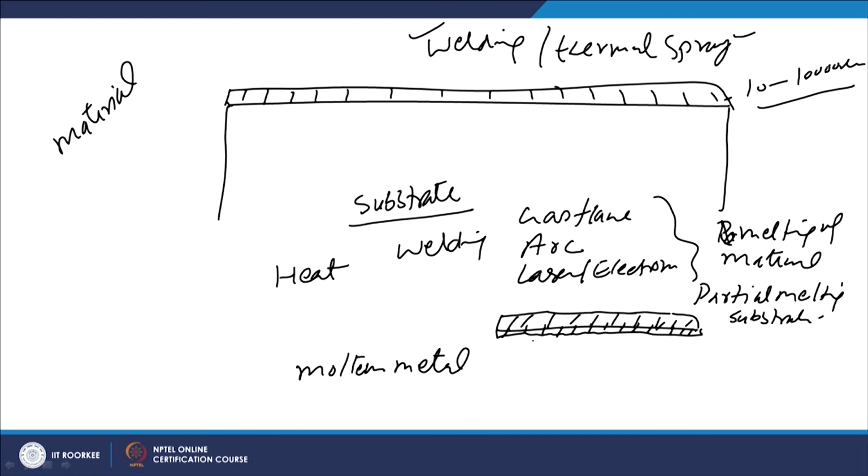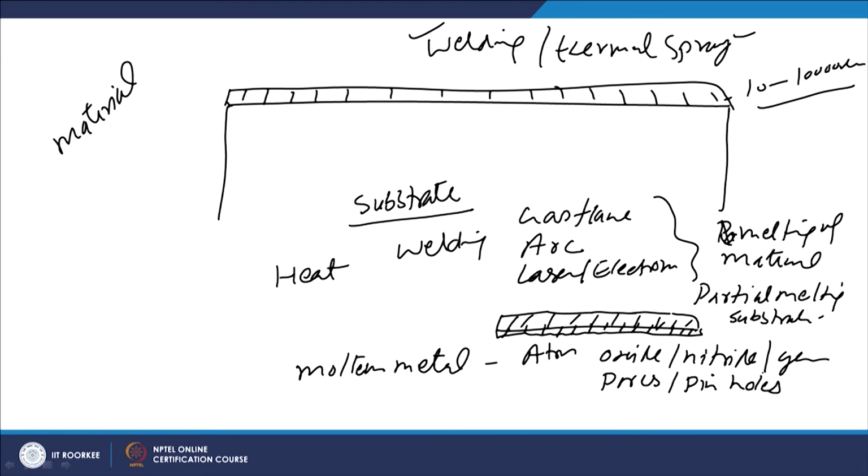This molten metal at high temperature is very sensitive and very reactive with the atmospheric gases. It tends to form oxides and nitrides, or even the gases get dissolved in the molten metal, leading to pores or pinholes in the layer being built up.